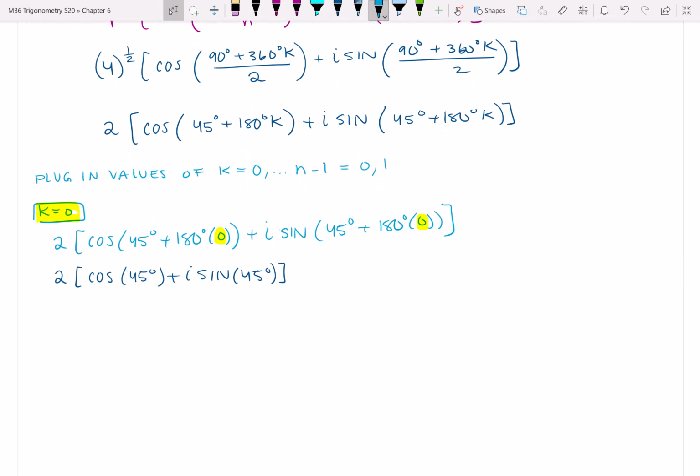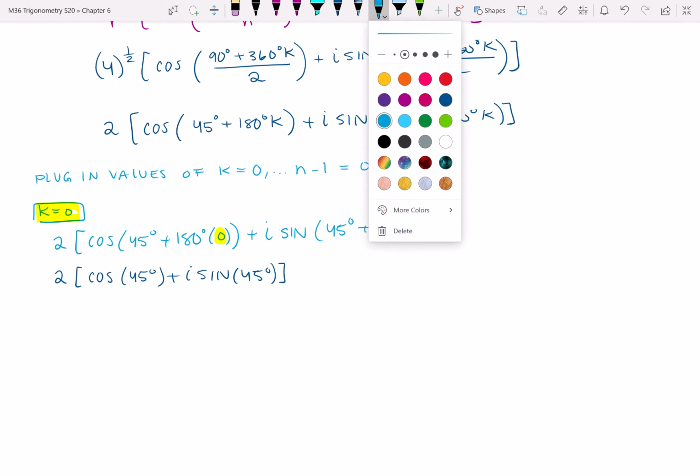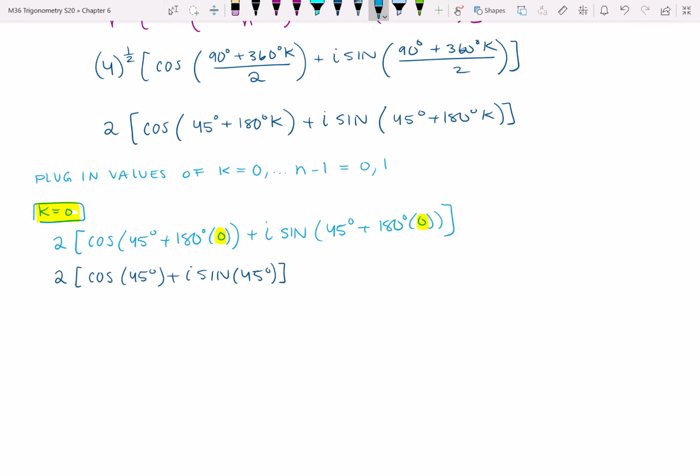So the next thing is plugging in k equals 1. That's the last one. So we get 2 cosine of 45 degrees plus 180 degrees, because now k is equal to 1, plus i sine of 45 degrees plus 180 degrees.